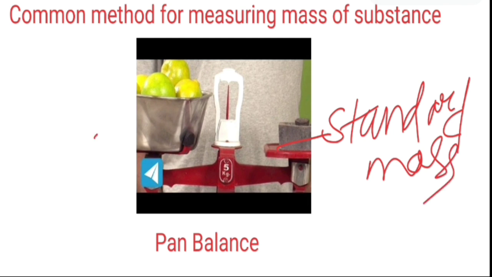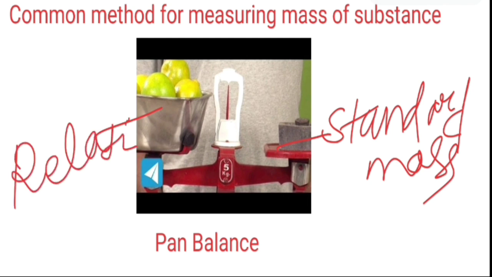As we are comparing the mass of the orange with the standard mass, we can say the mass of the orange is a relative mass, because we are relating the mass of the orange with the standard mass.